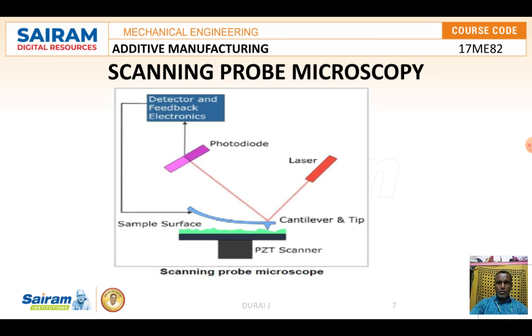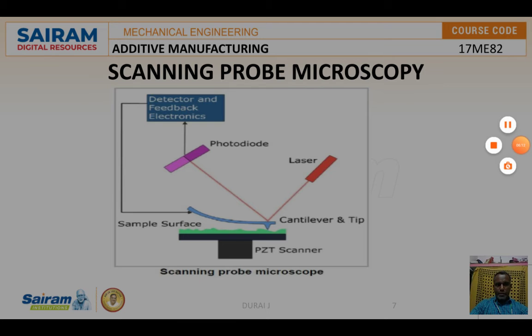Tapping mode is especially useful for scientists imaging soft surfaces. So contact mode is used to quickly image the surface, and tapping mode is used for imaging soft surfaces. These are the points you have to remember in scanning probe microscopy.